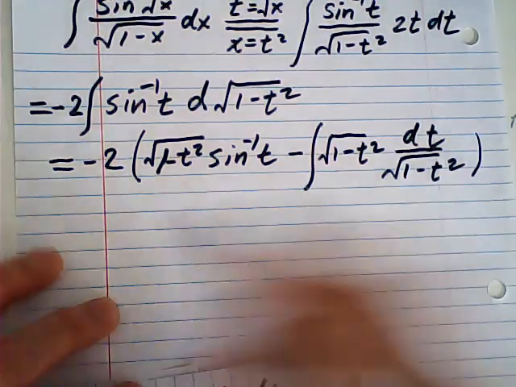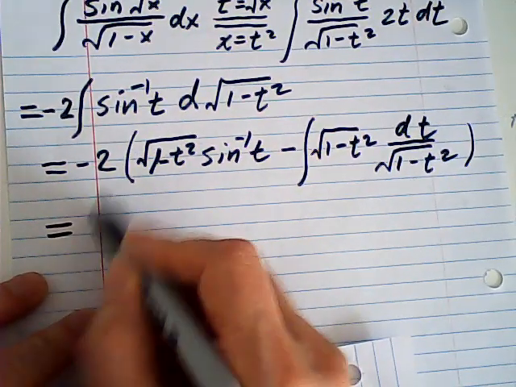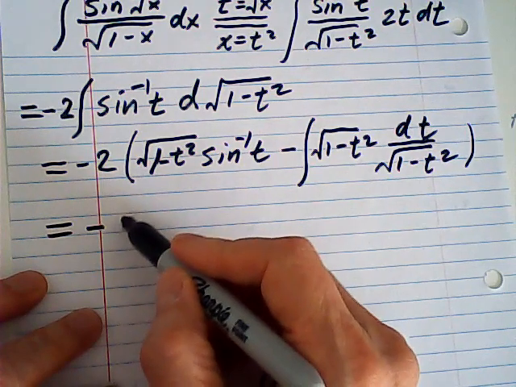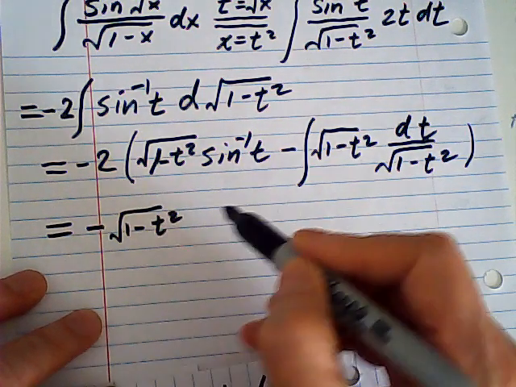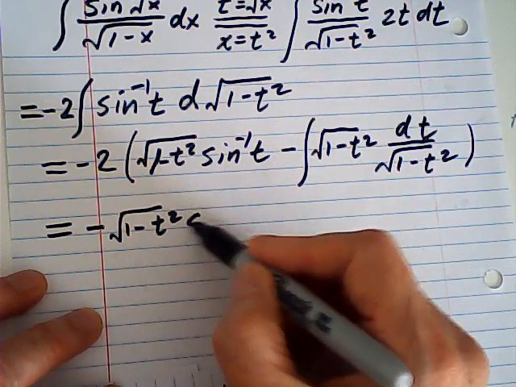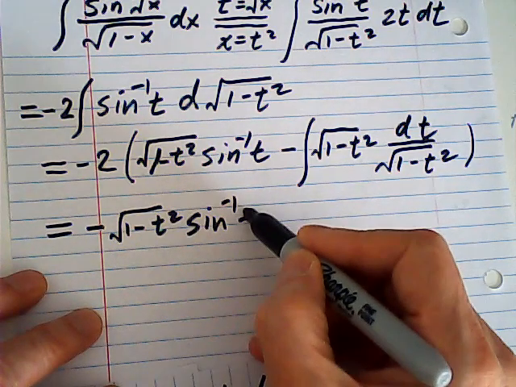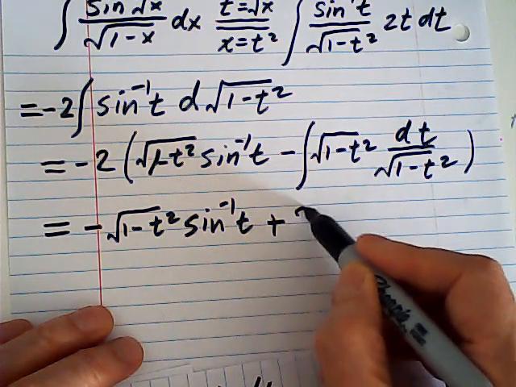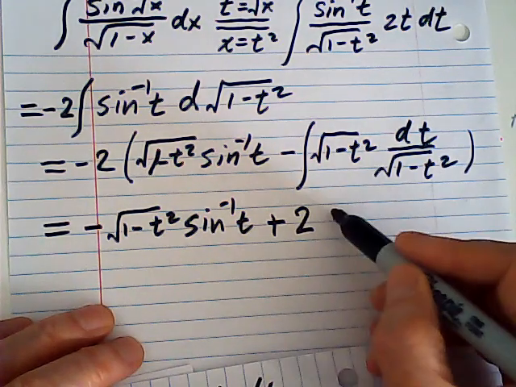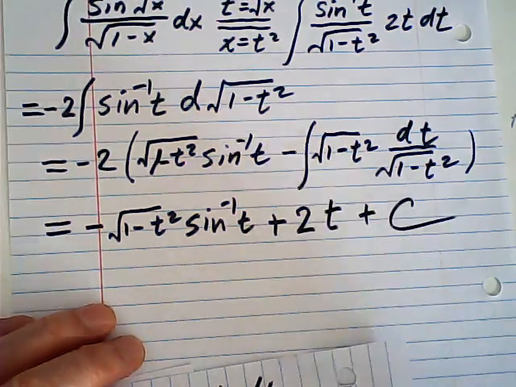So the result will be minus 2 square root 1 minus t squared arc sine t plus, right, plus 2, this is cancelled out to become t plus c.